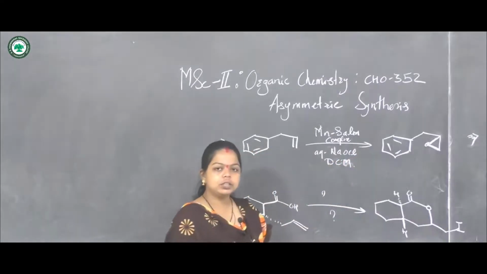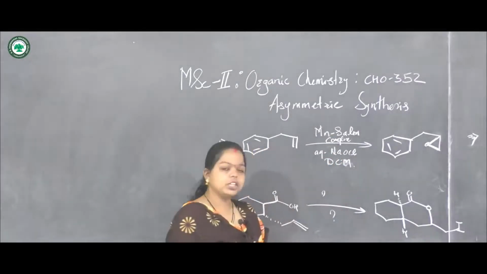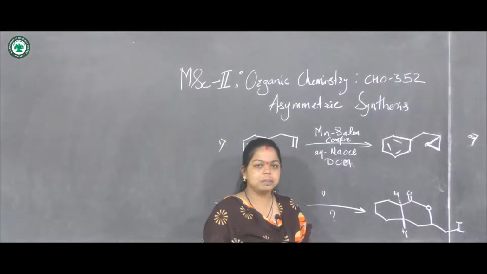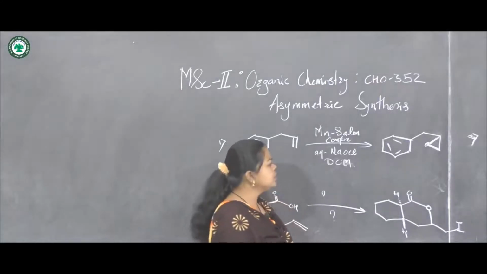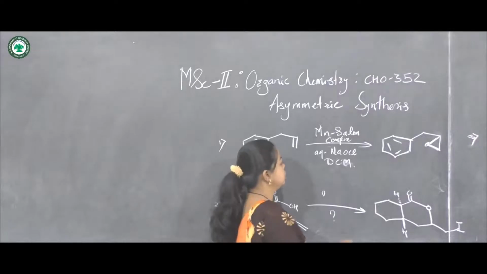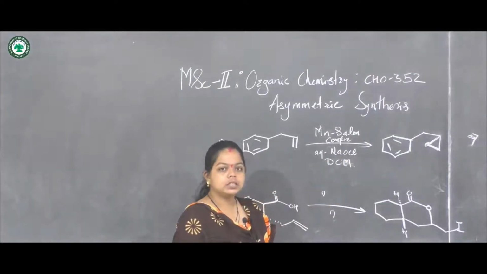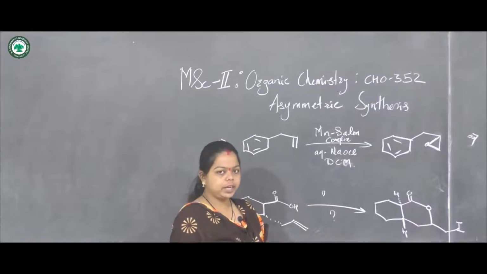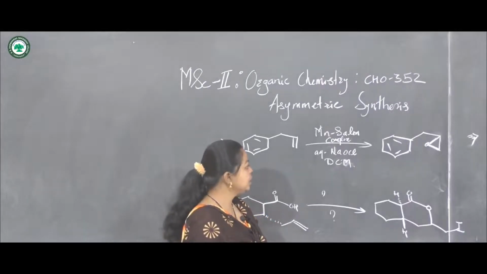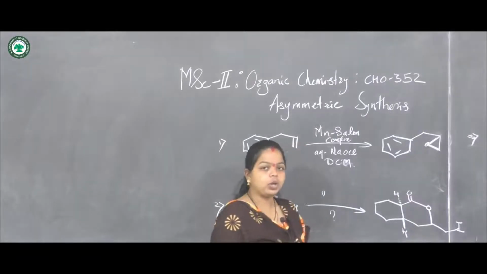This manganese salen complex contains a heterocyclic structure complexed with manganese, and this complex acts as the chiral reagent in presence of aqueous sodium hypochlorite. It will react selectively, particularly in the beta direction or above the plane.